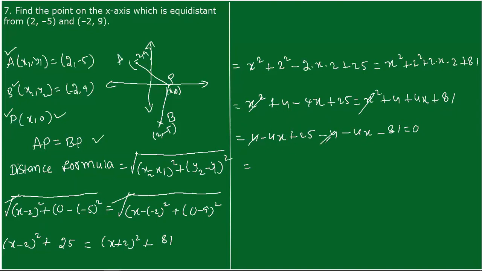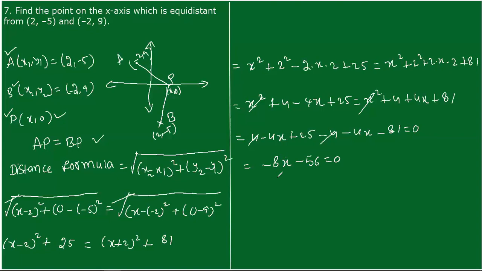The remaining values are minus 4x minus 4x, which is minus 8x, and 25 minus 81. Subtracting 25 from 81 gives 56, and as we have minus before 81, it is minus 56, equal to 0.